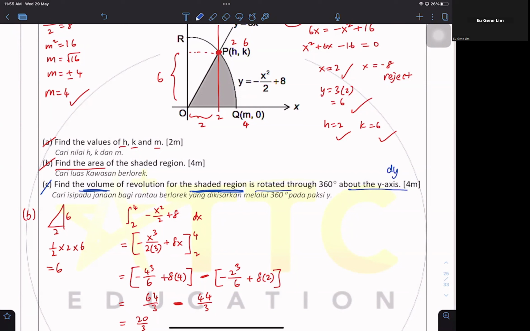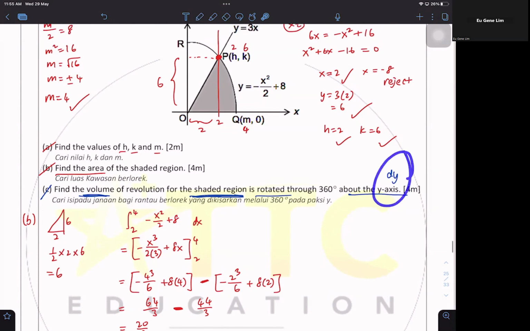You must do dy. Wow, this one a bit difficult. If you rotate around x-axis, then you do dx. If you rotate around y-axis, you do dy. So this one a bit difficult because if you do dy, everything has to base on the y-axis.